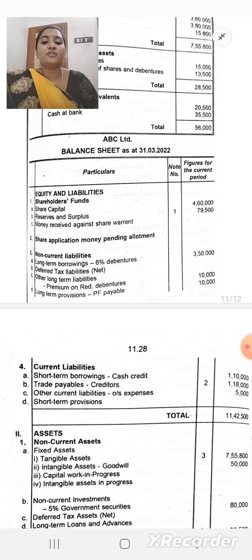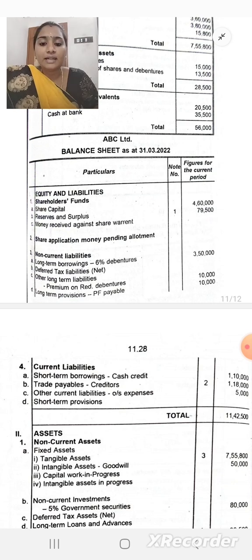In current liabilities, short-term borrowings like cash credit. Next, trade payables means creditors. In non-current assets we can enter trade receivables like bills receivable, debtors. In current liabilities, we are going to enter trade payables, creditors. Other current liabilities, outstanding expenses.